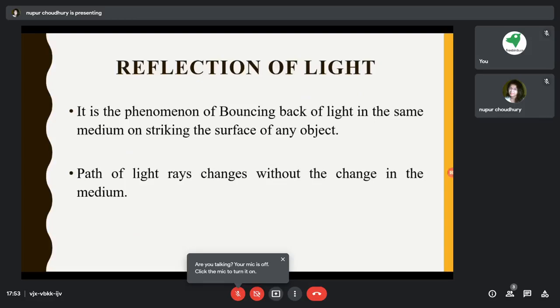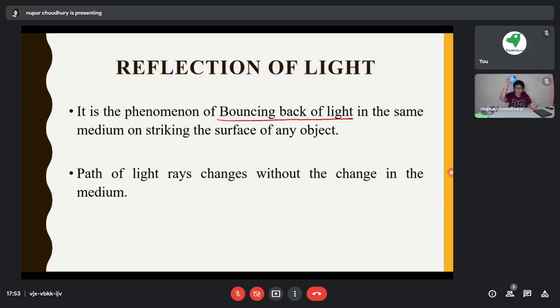Reflection of light is the phenomenon of bouncing back of light in the same medium on striking the surface of any object. Suppose I am simply hitting the table with this ball. This ball bounces back, right?